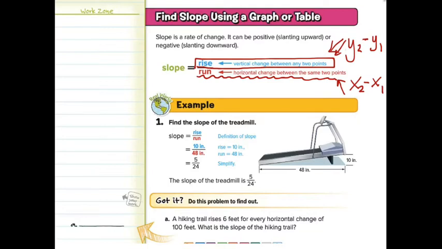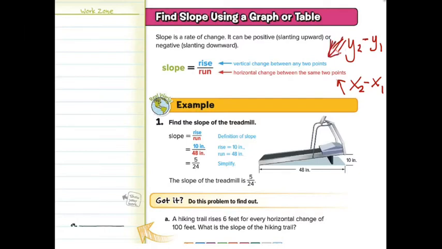And we'll get to that a little bit more in a minute too. But add a little note to the rise over run. Add some little arrows and show this y2 minus y1 and x2 minus x1. Okay. Hopefully yours is less messy.